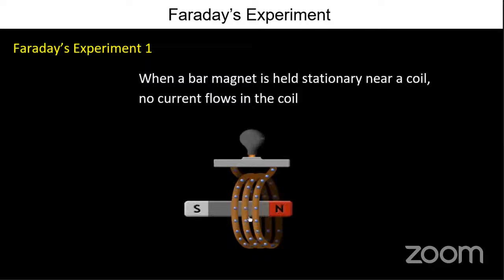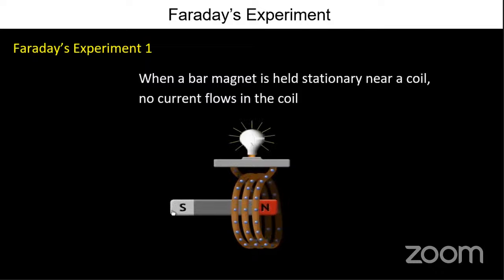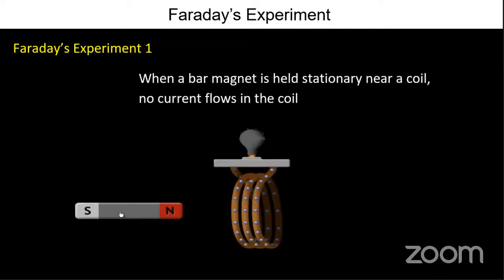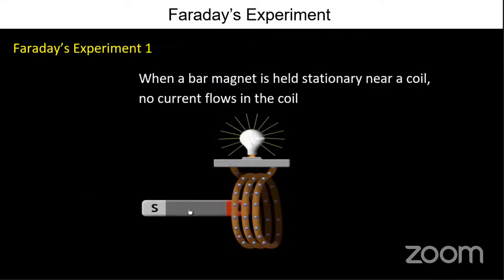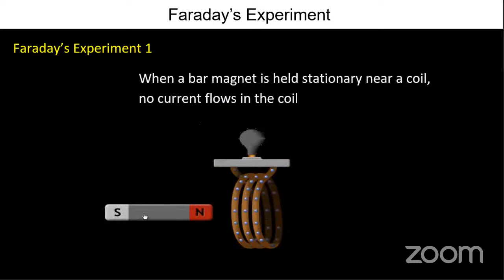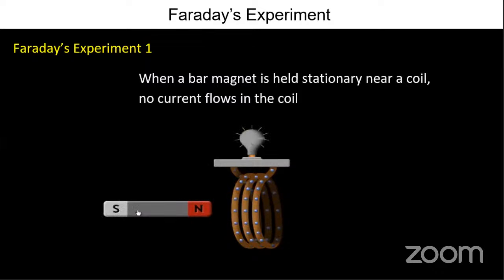Here they have shown a bulb, but in actuality, he had connected a galvanometer, because this much current is not enough to light up a bulb. It requires very huge energy, which was not possible to get from this setup. So he connected a galvanometer.